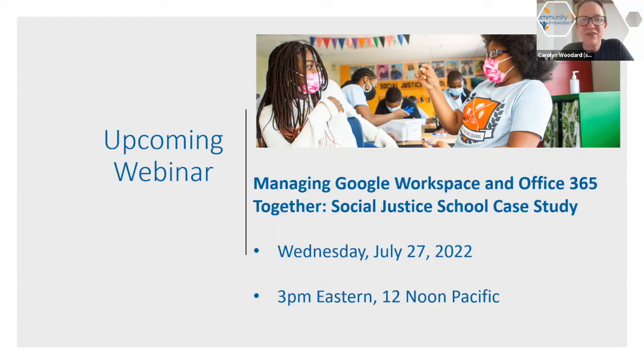They have Office 365 and Google Workspace, and they have managed to create a hybrid situation at the enterprise level. We're going to talk about how they did that, what the issues are, and how to think about it. It's not just for schools and education tech. If you've got a hybrid situation, this would be a good webinar to come to. It's just a case study. You can register on our website or look for the email link.